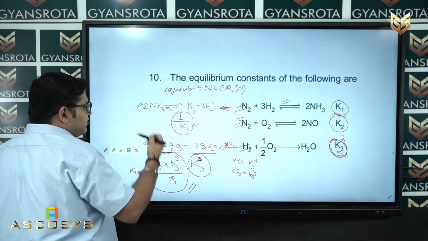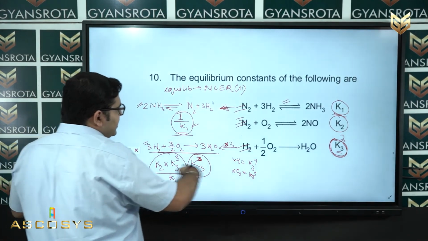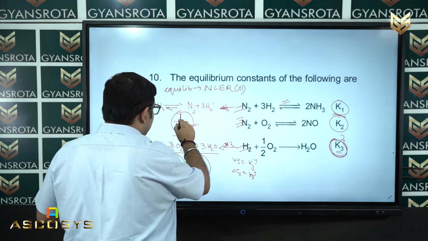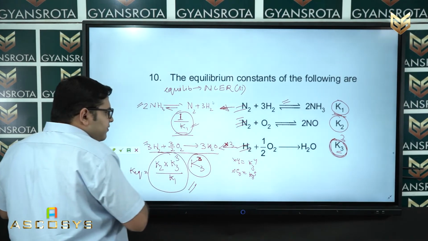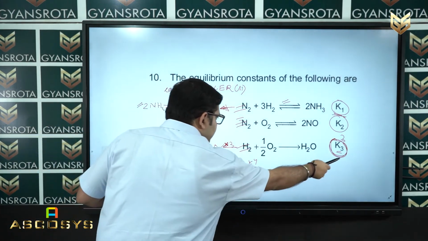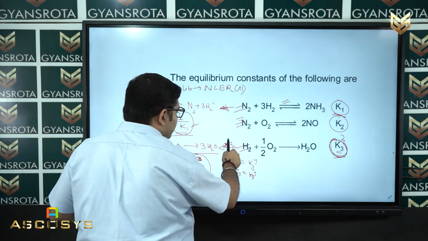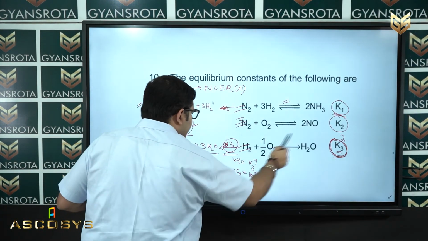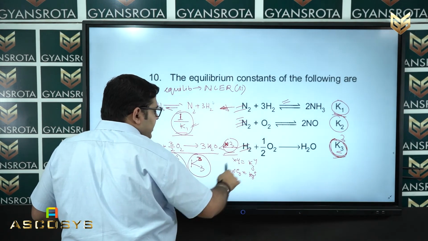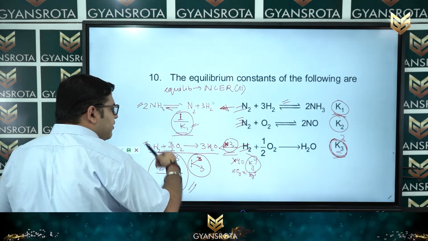So, always focus on this part: if I reverse any reaction, then our constant also goes to the reciprocal, or if it is multiplied with any number, then whatever constant is there, its power is that same multiplied number. Like here K3 to the power 3, how 3? Because it is multiplied with 3. If it is multiplied with 4, then it goes to K3 to the power 4.